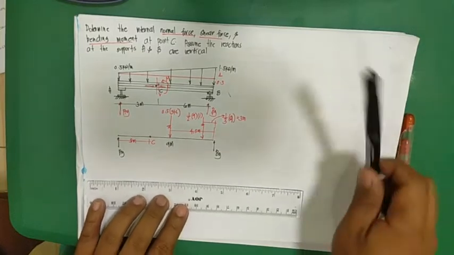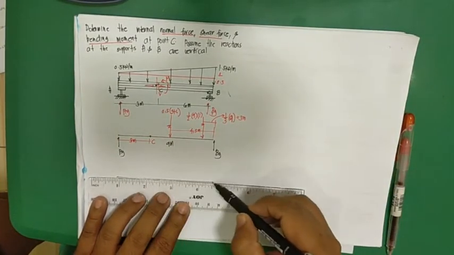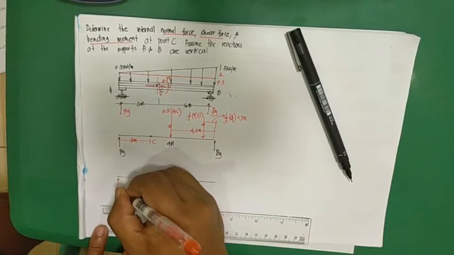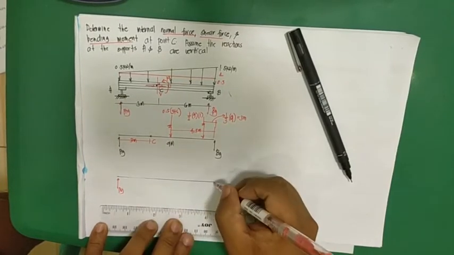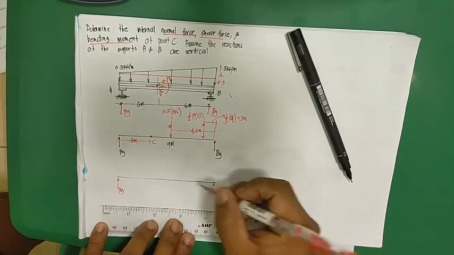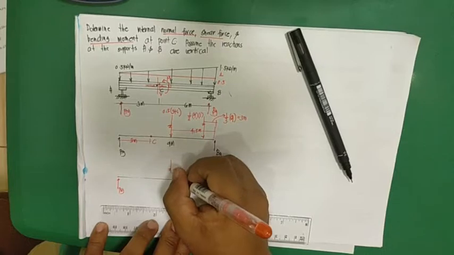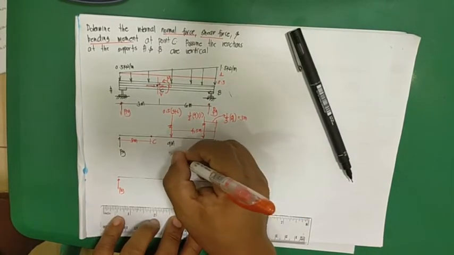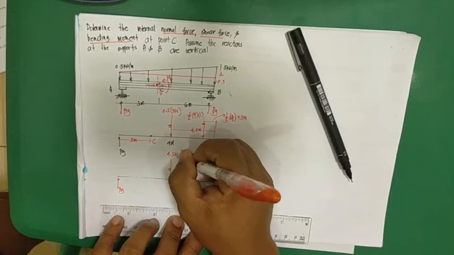So in other words, AY, BY, this is 0.5 times 9 is 4.5 kilonewtons.